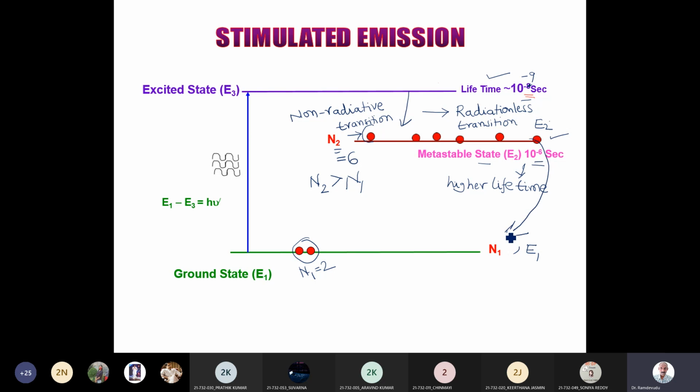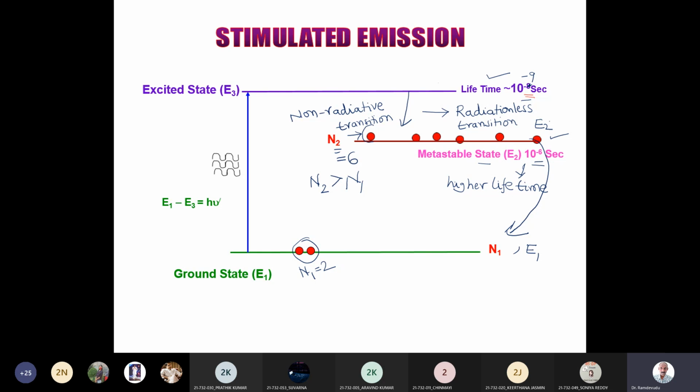Therefore, all atoms will fall at the same time, unlike spontaneous emission. In spontaneous emission, different atoms fall at different times, and therefore they give waves at different times. Therefore, they are not coherent. If I make all the atoms take a downward transition together, they will release waves which are in phase with each other.